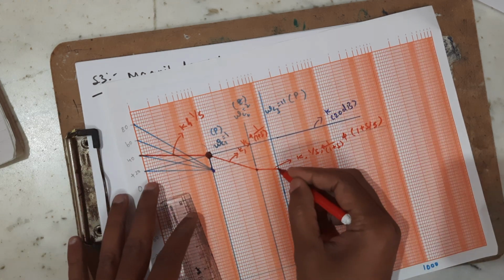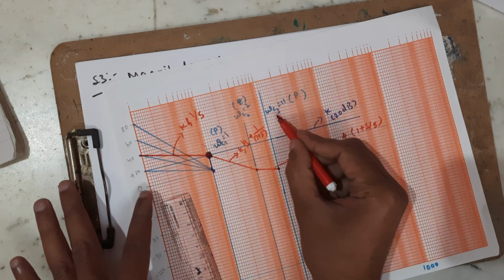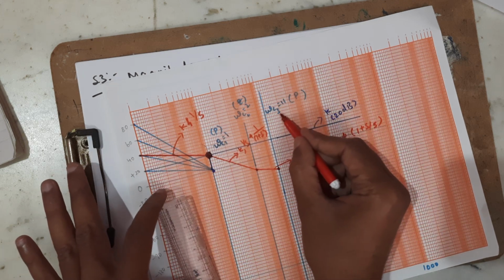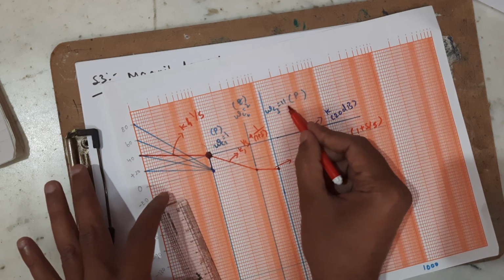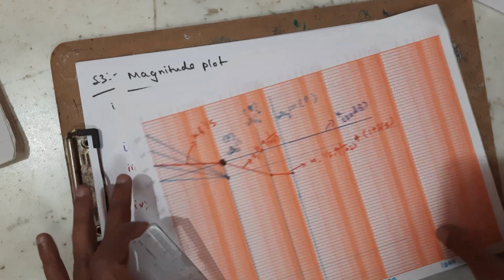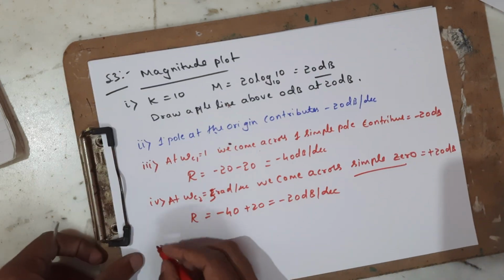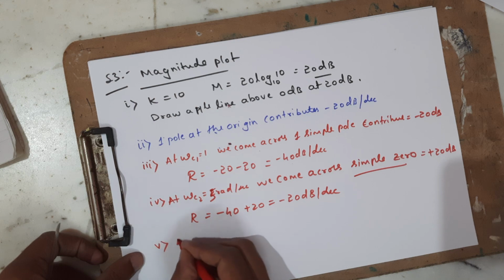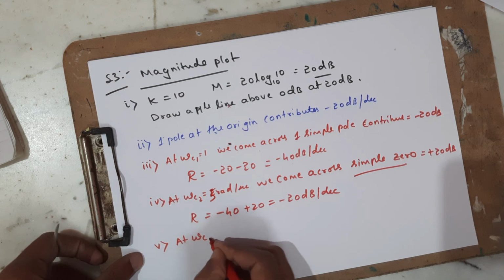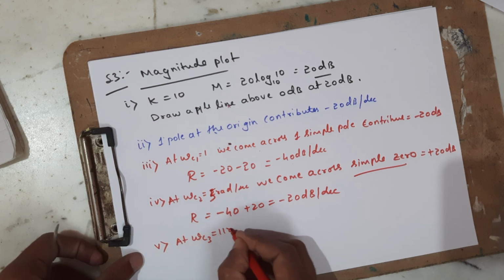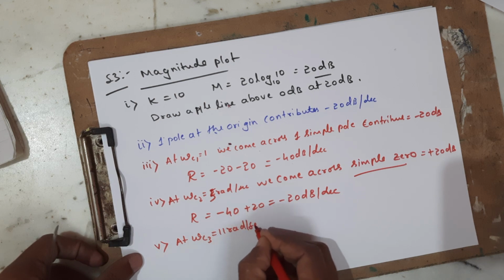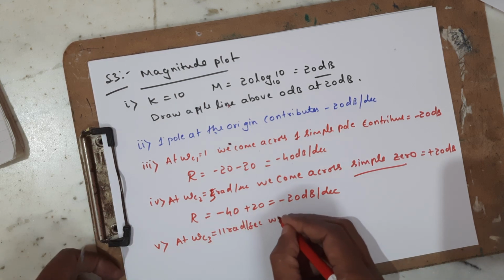At this point it is going to come across a quadratic pole, omega c3, at 11 radians per second.